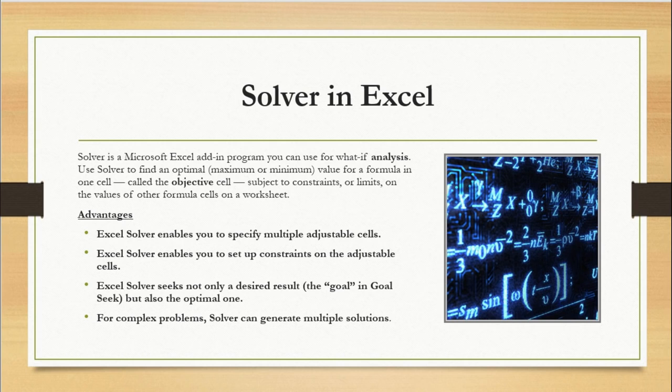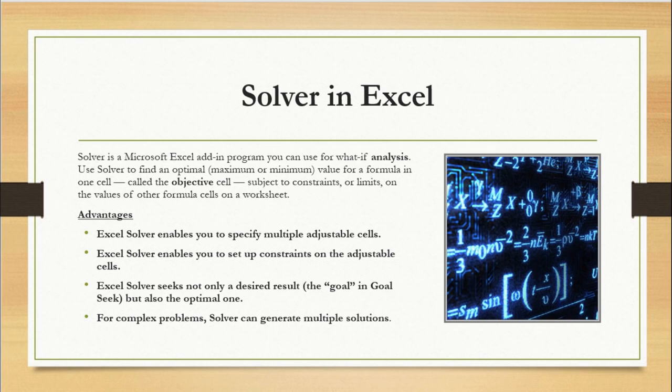Use solver to find an optimal, either maximum or minimum, value for a formula in one particular cell, called the objective cell, subject to different constraints or limits on the values of other formula cells in a worksheet. We will look at what those objective cells are and what kind of constraints or limitations we can set and solve in Excel.